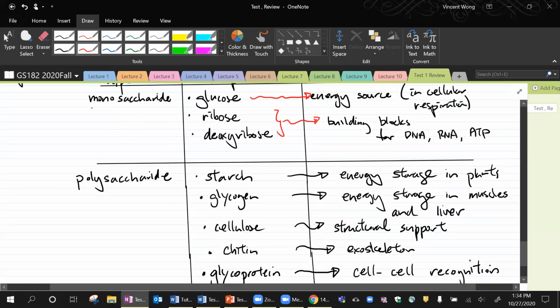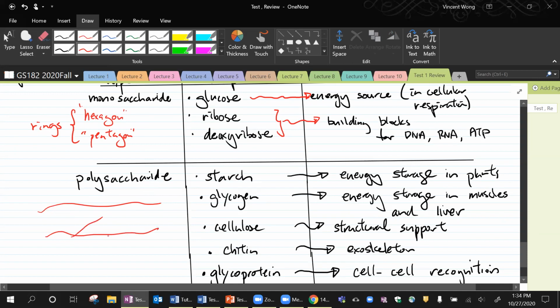In terms of structure, right? For lack of a better word, these are like little hexagons, right? Hexagons, right? And pentagons, right? They are actually called rings, okay? But if you look at the pictures, they're hexagons and pentagons, right? But for polysaccharides, depending which one you're talking about, they are either long linear chains or with some branching.